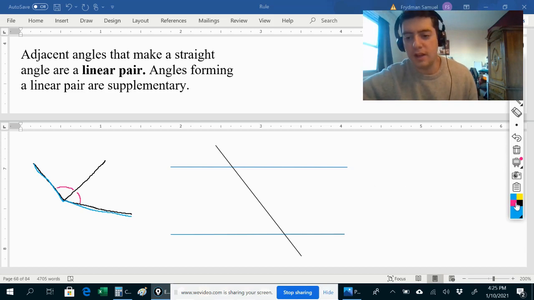Okay, on the other hand, if I look at this angle and this angle, they are adjacent, right? They're next to each other. They share a common side and a common vertex.